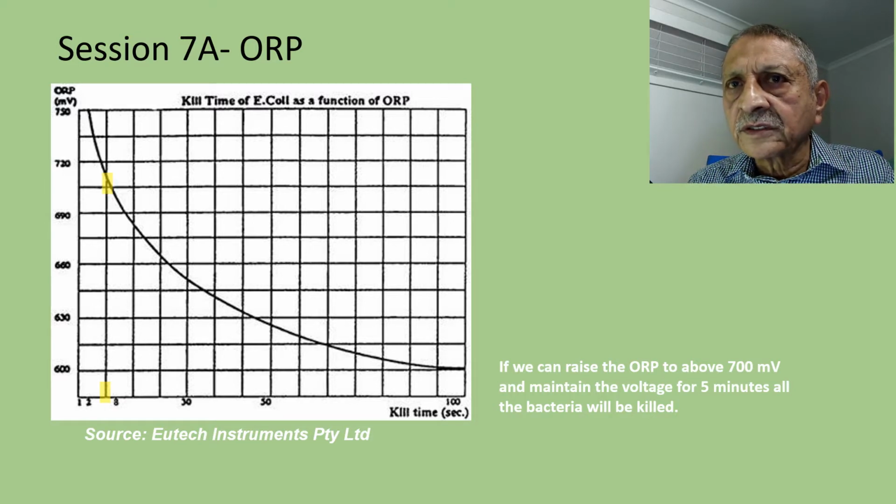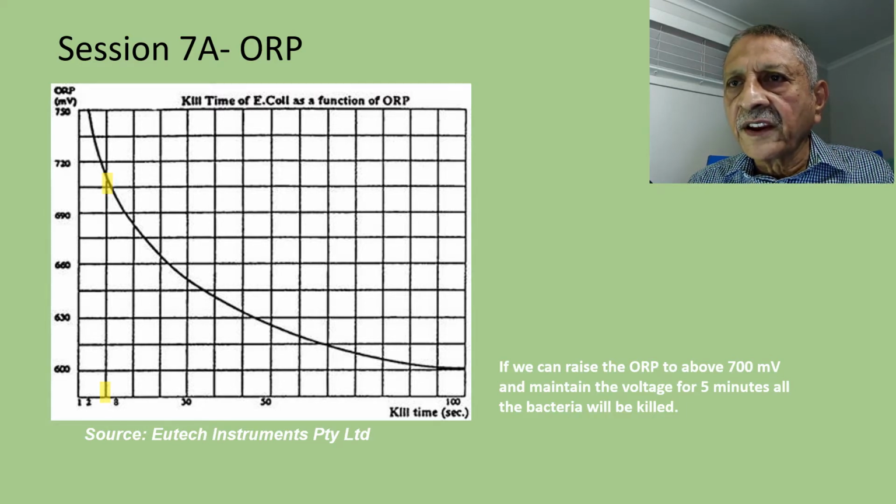Whether you use ozone or whether you use chlorine, the actual time of kill will be relative, because the maintenance of the ORP above 700 and 720 is dependent on the strength of the oxidizing chemical, whether it is ozone or chlorine.